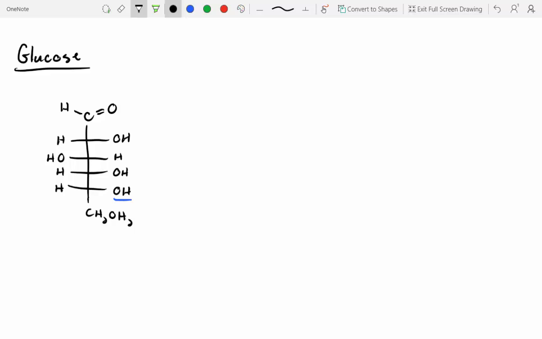So if we treat D-glucose with acid, it's usually going to favor the ring closed form. So this equilibrium is going to favor primarily the ring form. And if you guys remember in our pod, we can draw this ring closed form using chair conformations.